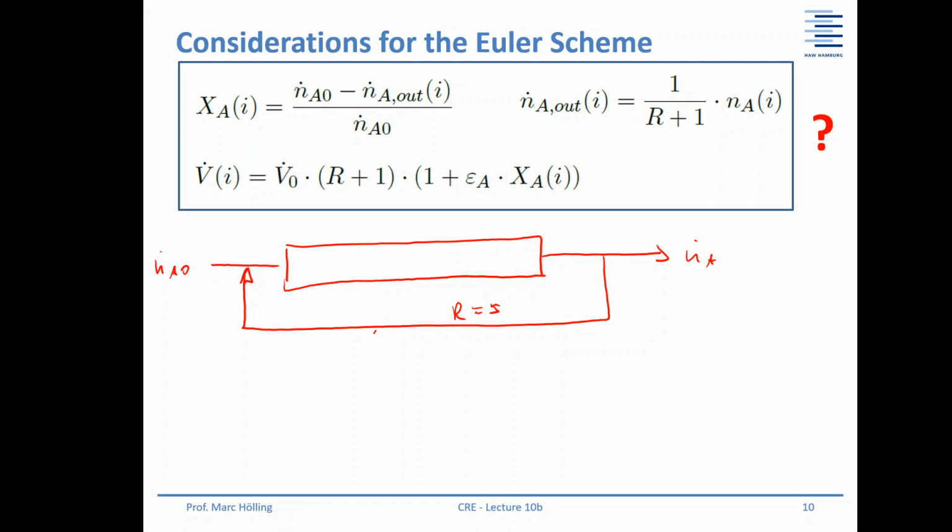Normally, if you just make a big boundary around the whole system and make a balance like this, then it's no problem to calculate your conversion. X_A is just the inlet flow minus the outlet flow, divided by N_A0, the inlet flow.